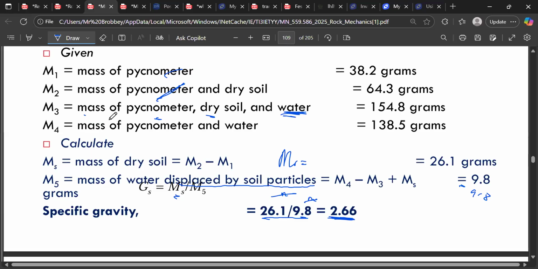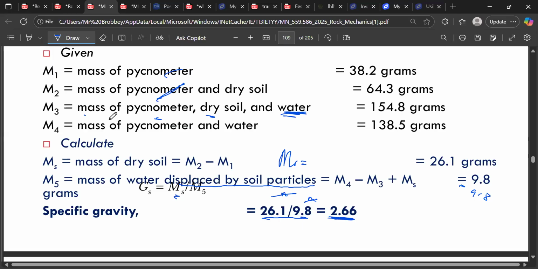So I was narrating how the process is done in the laboratory. It doesn't matter where you start from. You want to measure your pycnometer bottle so that you see how much it is affecting your system. You write it down. You put only water inside and you measure. Then you write that down. You put water plus the soil and the pycnometer, then you measure.